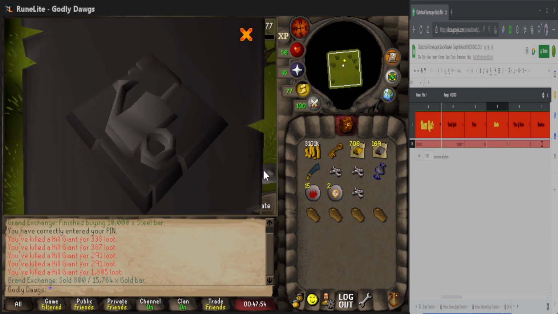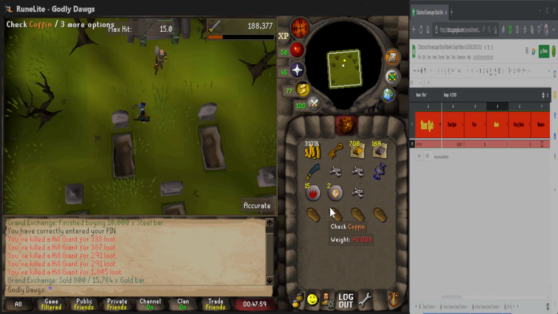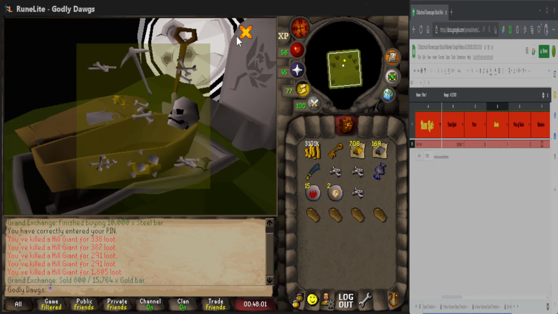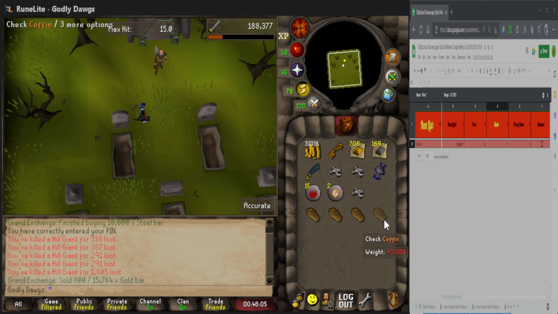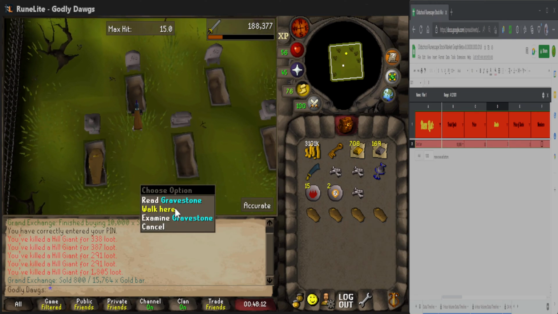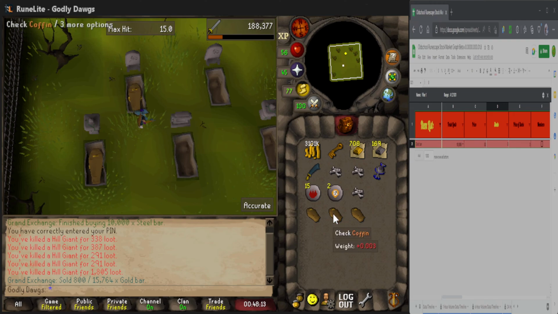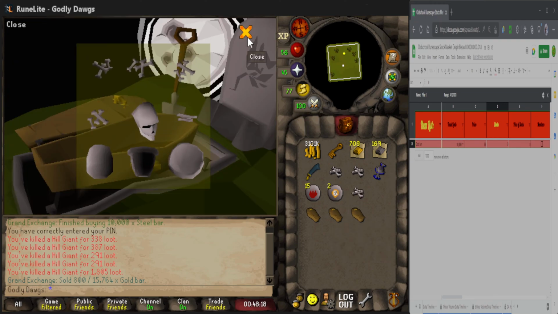See what the second one is. Okay. Okay, there's farming. And then there's pots.